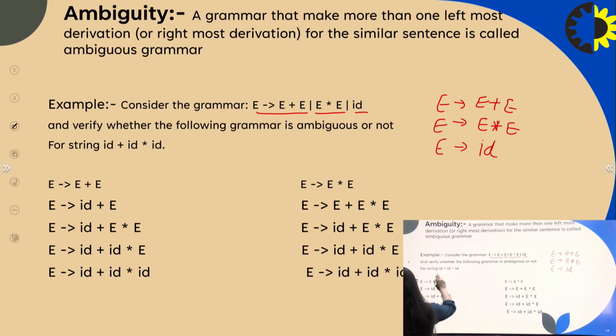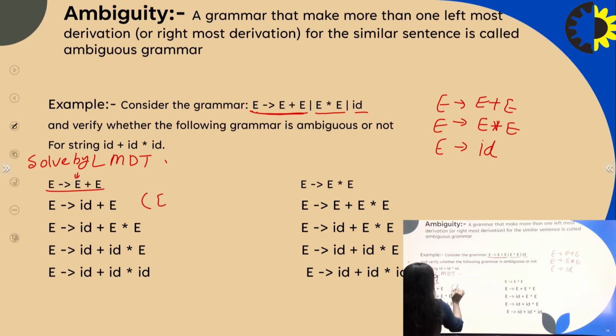A grammar is ambiguous if it has two leftmost derivation trees and two rightmost derivation trees. So we solve by the leftmost derivation tree. First production is E produce E plus E. From the left hand side, E replaced in ID, and we find the input string ID plus ID into ID.